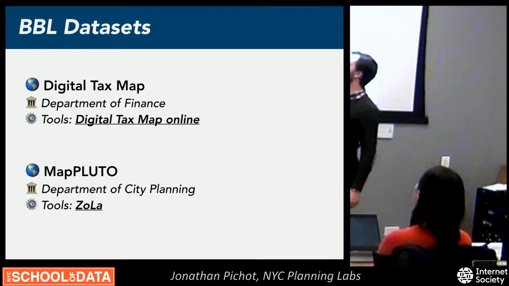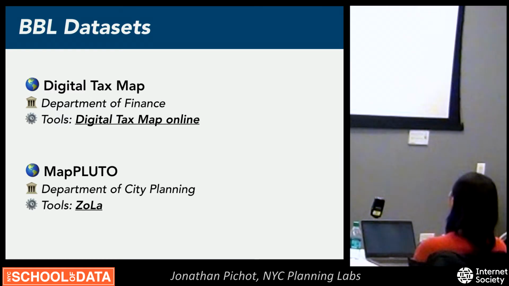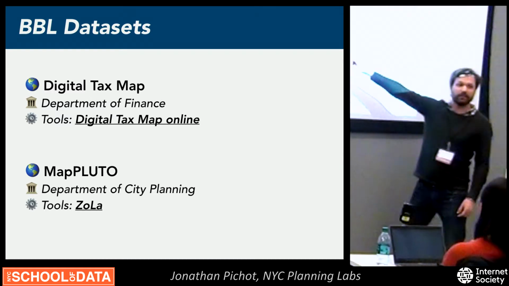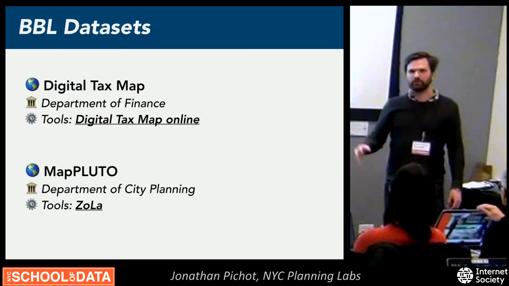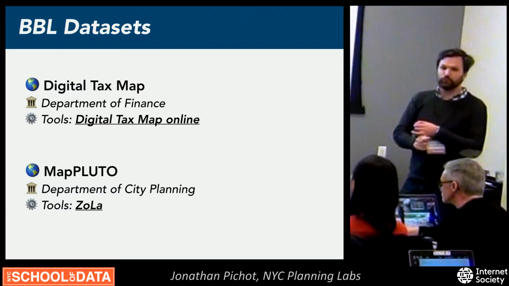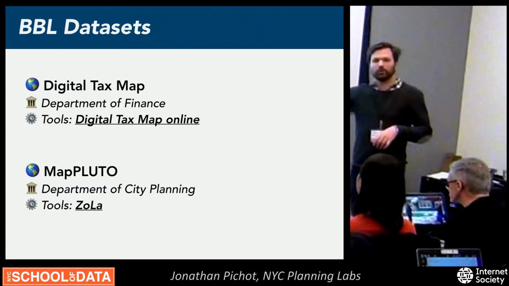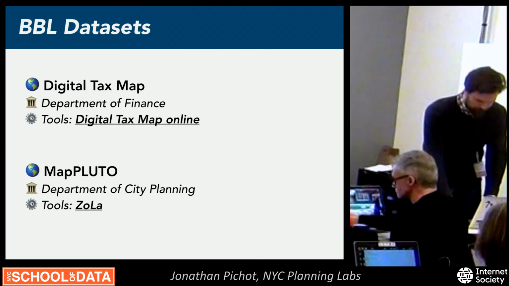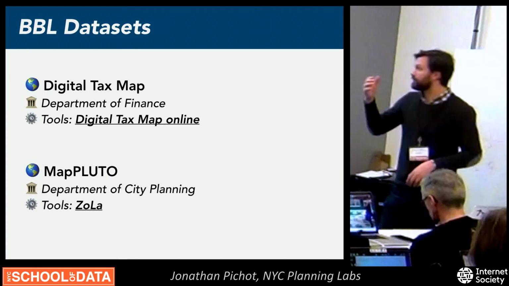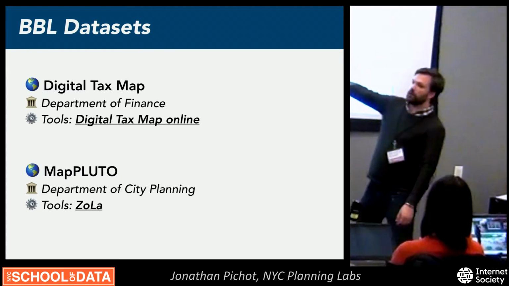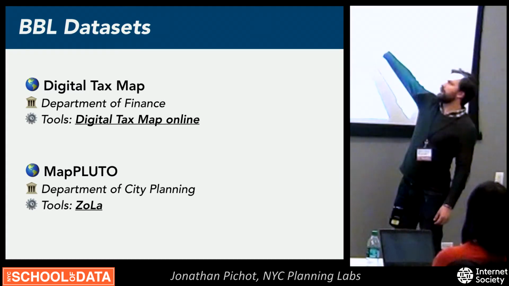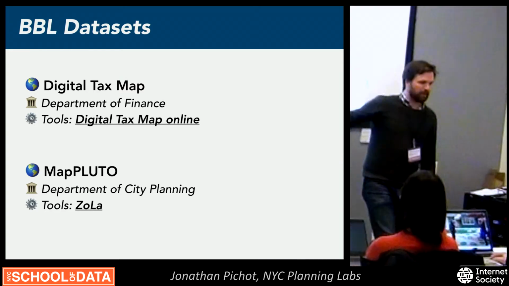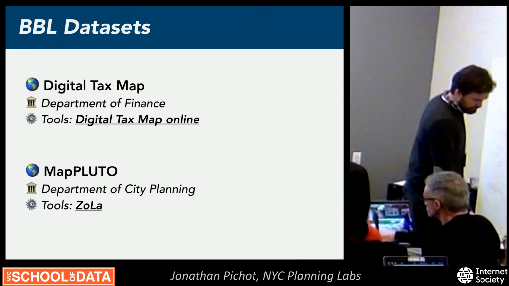Here in my presentation, if I have a little globe next to the dataset name, it means a geodata set. You'll see some others that are just tabular that you have to join. And then Map Pluto, which we have a tool called Zola that shows. So those are the 2 data sets. But as I mentioned, Map Pluto is actually a subset of the BBLs that exist in the digital tax map. And I'll show you how that is the case.